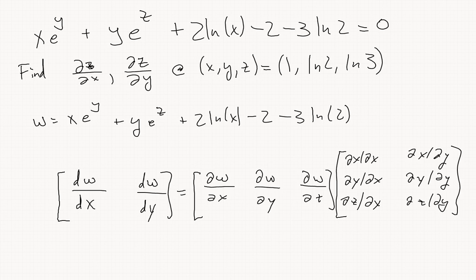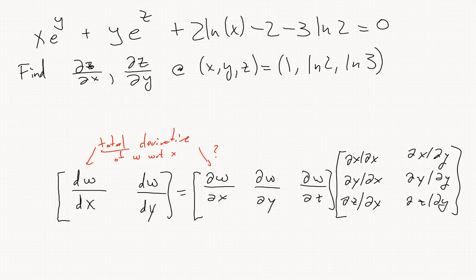So this is a little strange. What is the difference between this and this? So this we'll call the total derivative of w with respect to x. So let me just write down the partials of these. So I guess we can erase this since it's still up there.